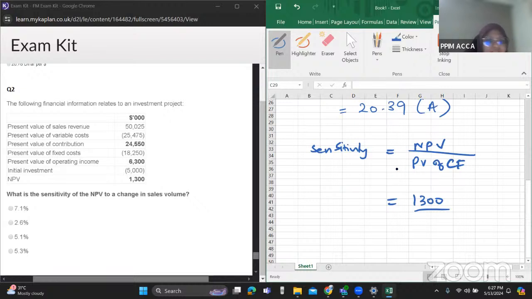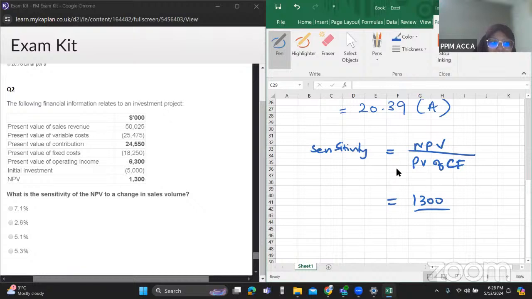But when it comes to sales volume, we have to consider something that will impact your sales as well as something that will impact your variable costs. Because volume, right? How many units you sell will impact your sales revenue and also your variable cost.